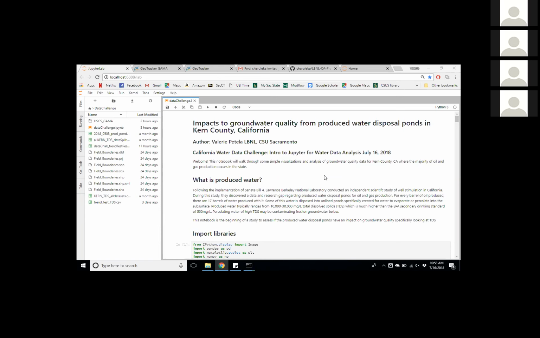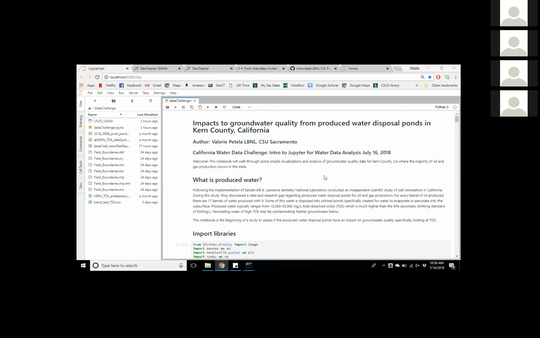Some of this water is disposed into these produced ponds, which are unlined and specifically designed for evaporation and percolation into the groundwater. The produced water has a high TDS concentration, or high total dissolved solids.